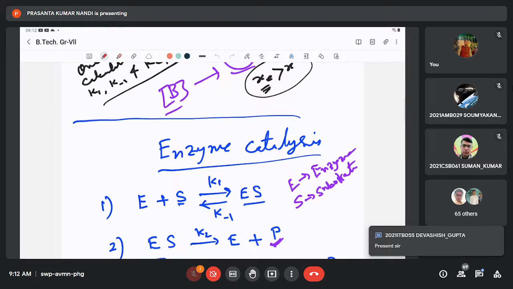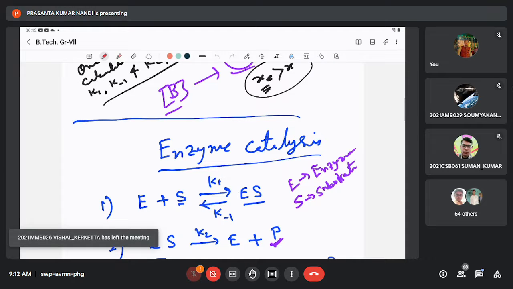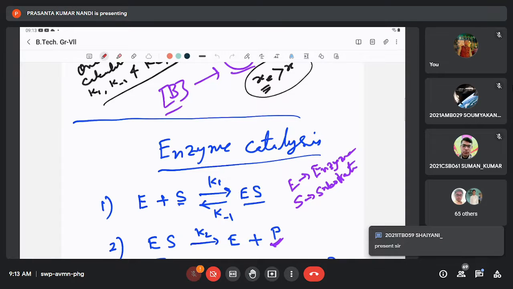So if we want to reduce the barrier height, that is the activation energy barrier, then we have to use some external agency. And in this regard, enzyme has been used popularly. And enzymes cannot be used arbitrarily for any reaction, because for each reaction, whether it is biological or other reactions, we have to use an enzyme for that particular reaction.